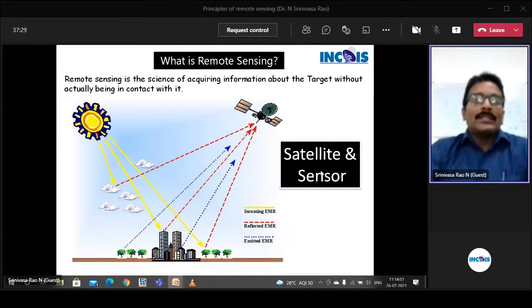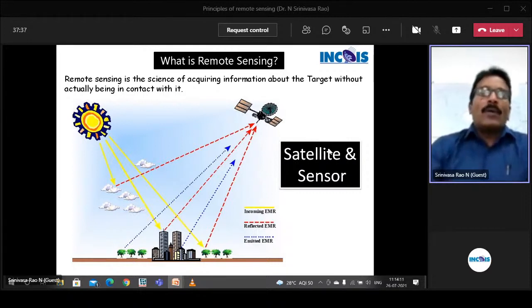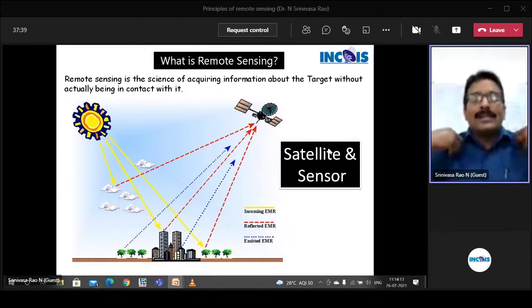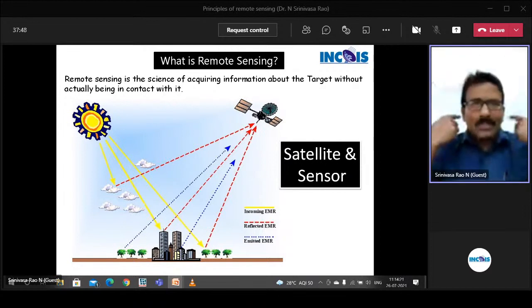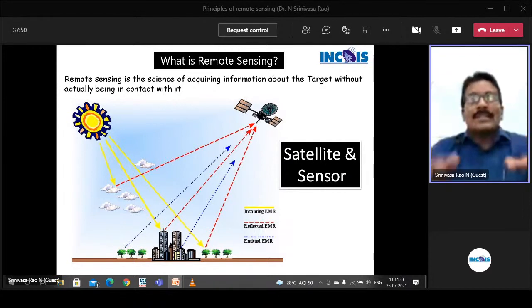As a beginner, you should understand what a satellite is and what a sensor is. Just imagine our human body as a satellite. Our human body carries different sensors. What are those sensors? Our eyes, ears, nose. These are the sensors. So that means a satellite is nothing but a vehicle. That's all.